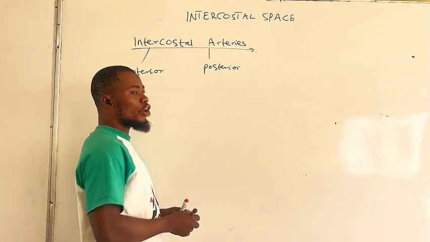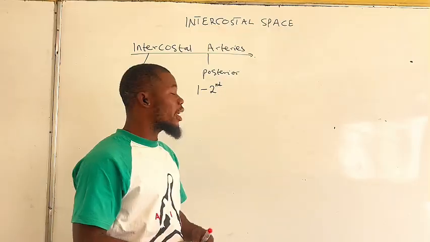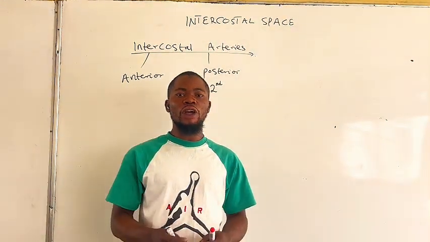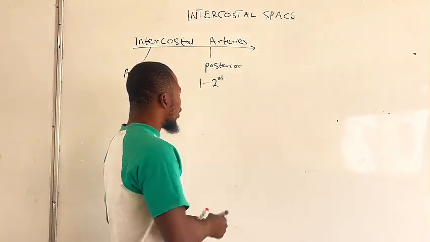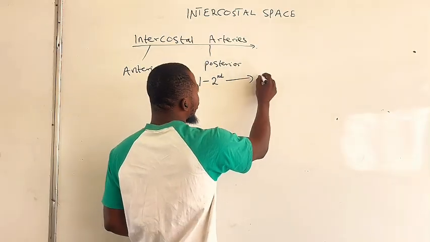Now, the origin of the posterior intercostal artery is that the first and the second posterior intercostal arteries arise from the superior intercostal artery, that is a branch of the costocervical trunk.